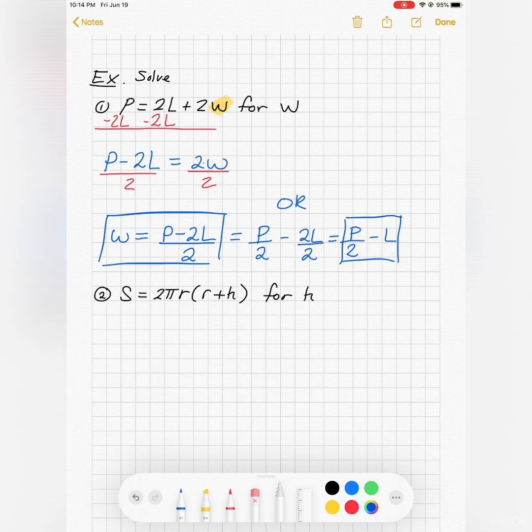Solve S equals 2 pi r times r plus h for h. Okay, so I'm looking to solve for this variable. So let's see, I have to start somewhere. So the first thing I see is this factor here multiplying. So the opposite of multiplication is division.